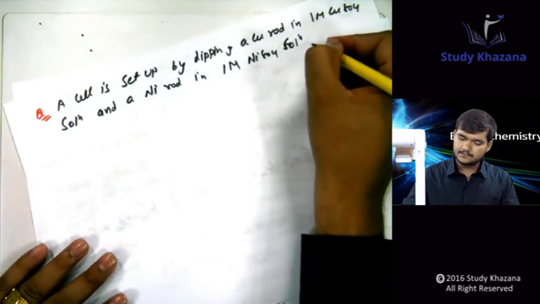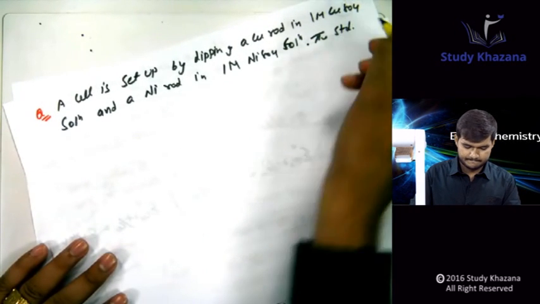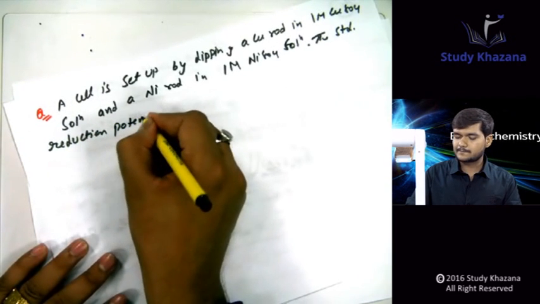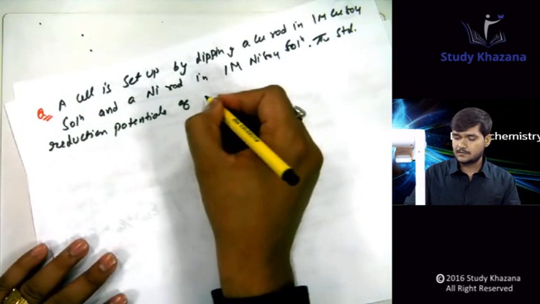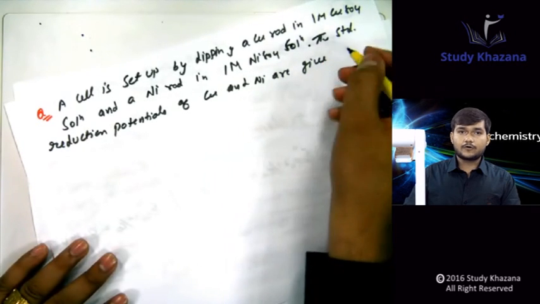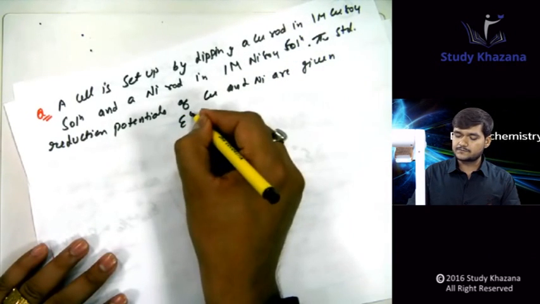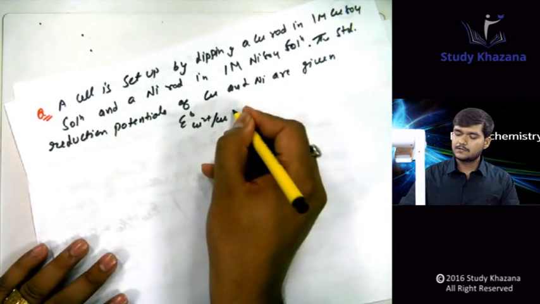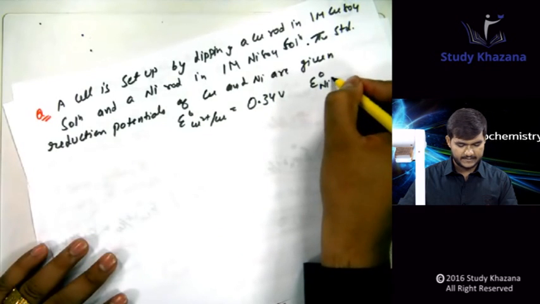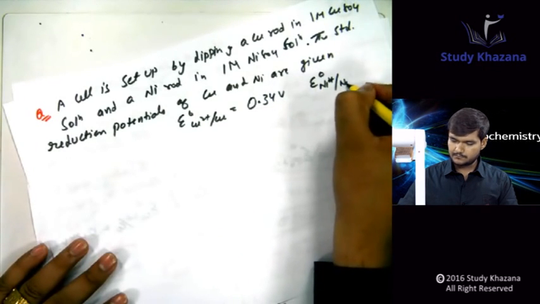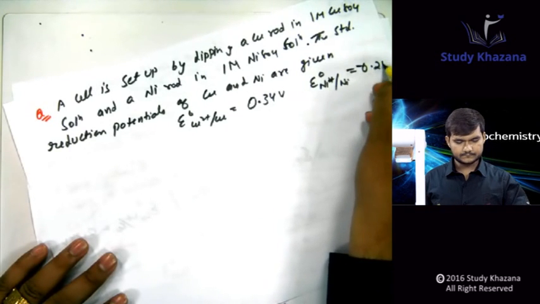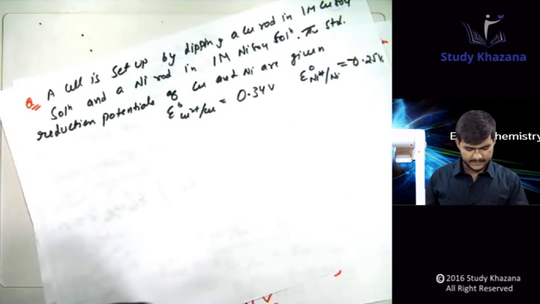The standard reduction potentials are given. E0 of Cu2 plus to Cu is 0.34 volt, and E0 of Ni2 plus to Ni is minus 0.25 volt. So it is negative.